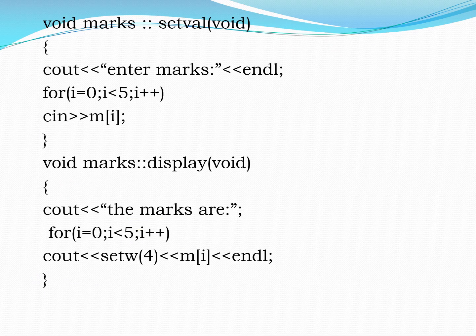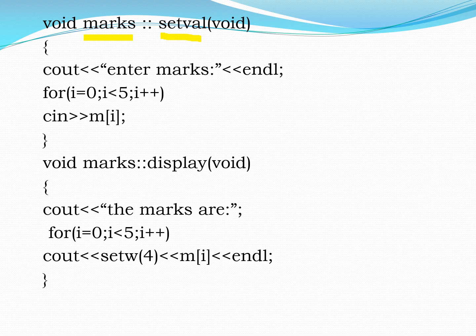Here we have written the member functions outside the class. Marks is a class. The Marks class was already written on the previous slide, and I'm going to create the function setVal, where the function just accepts the data of 5 marks. How? By using an array in the class.